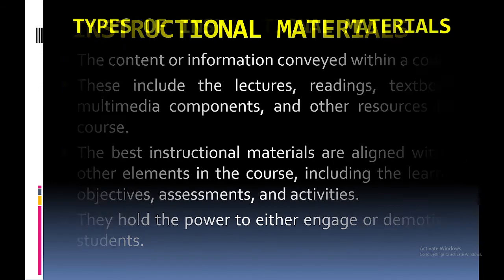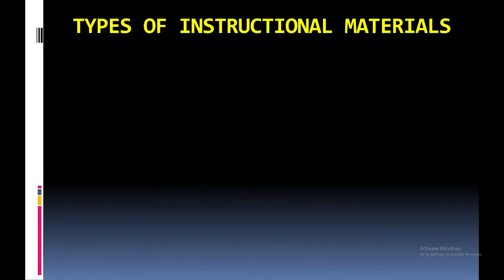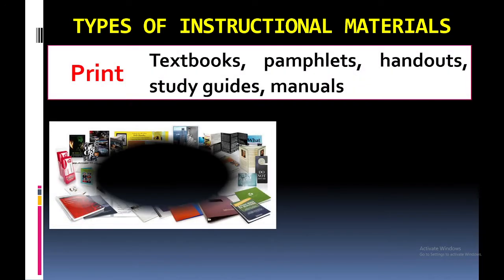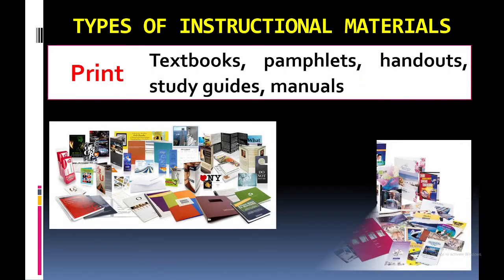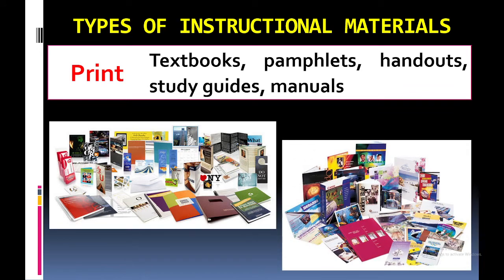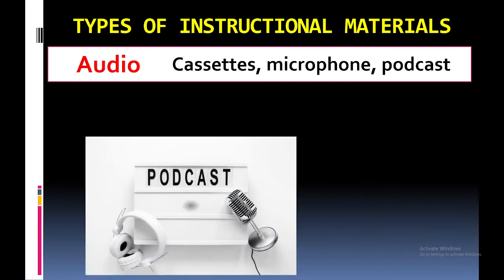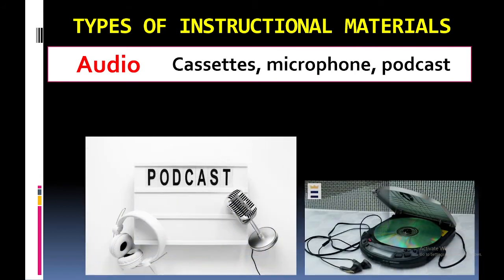Okay? Next. What are types of instructional materials? The first one is, here you go. Textbooks, pamphlets, handouts, study guides, manuals, mga printed instructional materials na sila. The second type is cassettes, microphone, the podcast, are audio.